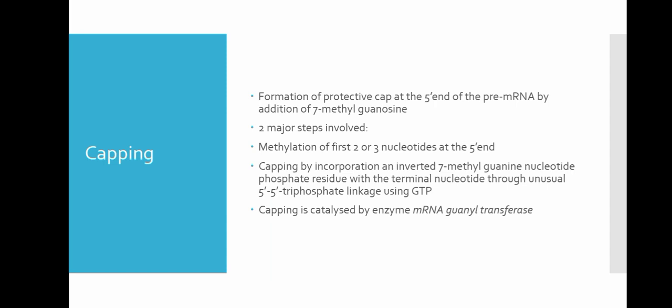It involves two major events, namely methylation of the first two or three nucleotides at the 5' end and the capping of the molecule by the incorporation of an inverted 7-methylguanine nucleotide phosphate residue with the terminal nucleotide through the unusual 5' to 5' triphosphate linkage using GTP. Capping is catalyzed by the enzyme mRNA guanylyl transferase.